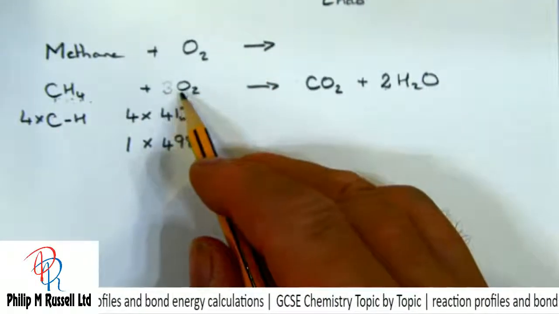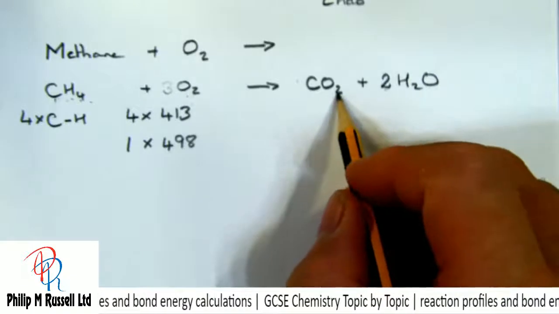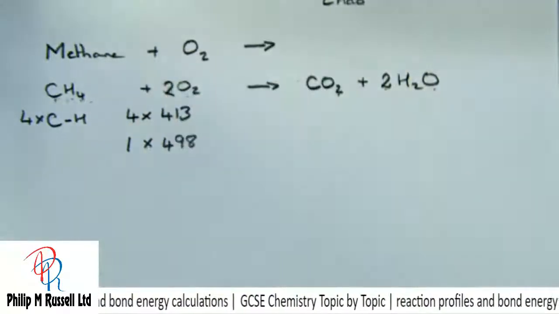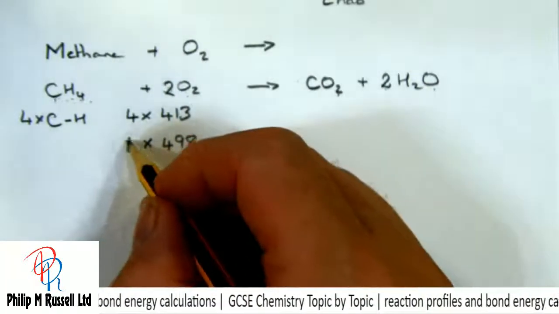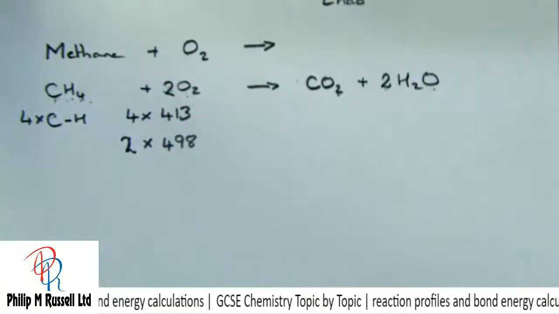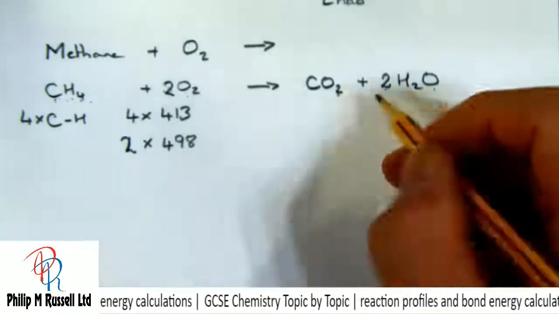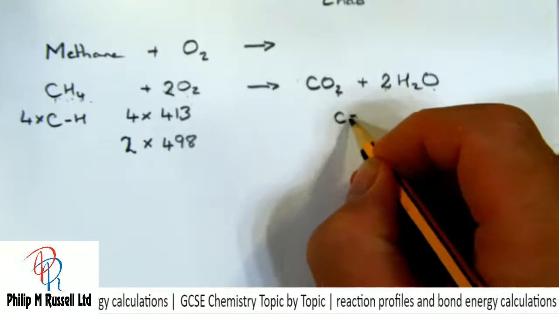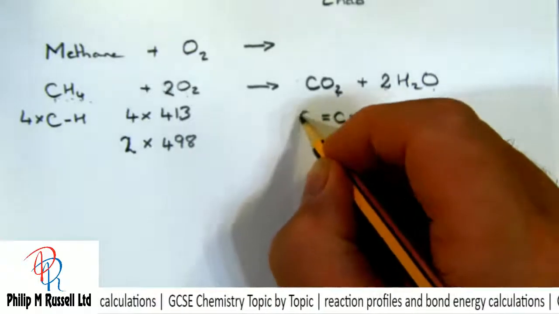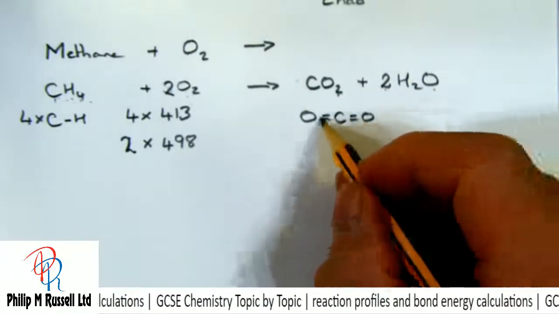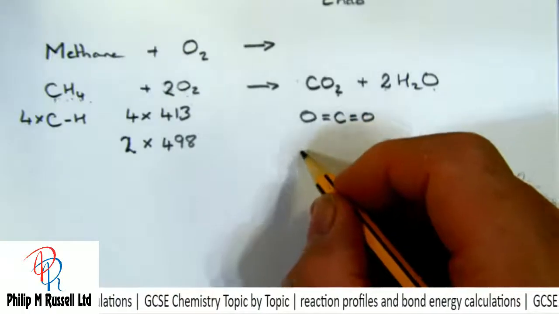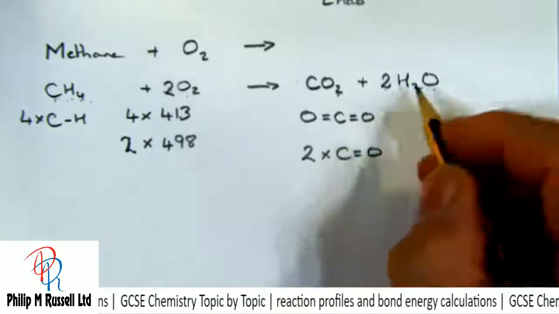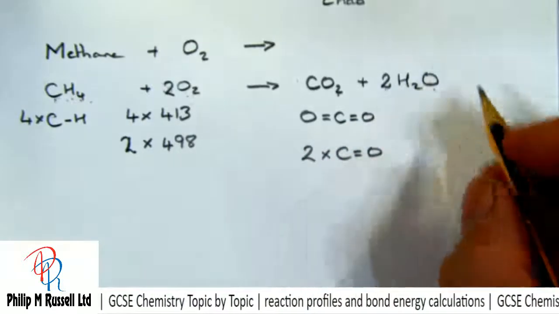So if we want to balance this, I've got 1 oxygen from there and 1 from there, so that's going to give me 2 of those. So that means I've got 2 down here. What molecules have we got here? Well, this is carbon dioxide, C double bond O, and there's 2 of those, so that gives me 2 times C double bond O. And I've got here an H2O.